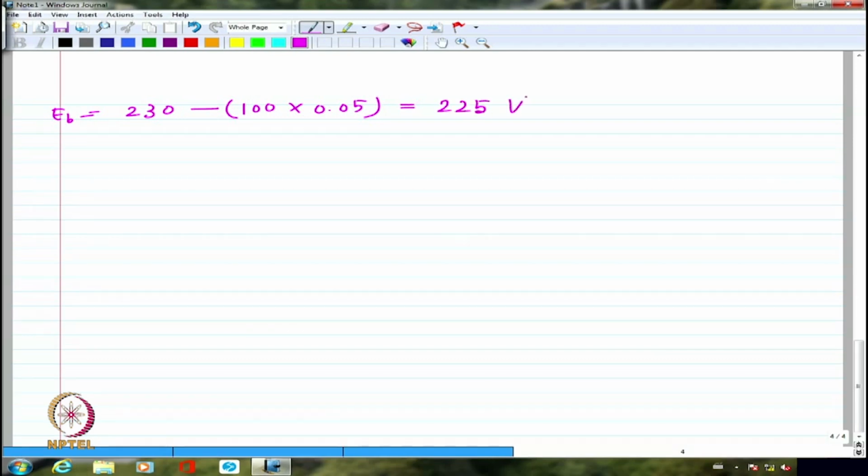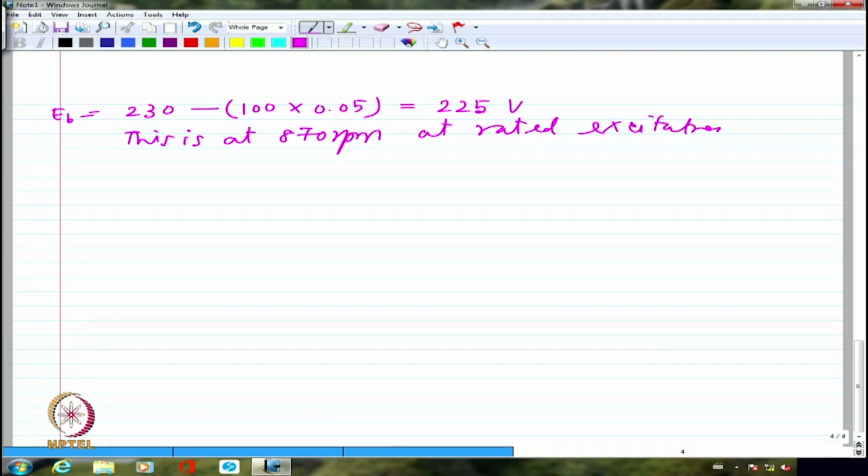225 volts. Okay. And it is at 870 RPM? Yes. So this is at 870 RPM and at rated excitation, hopefully, because we are not talking anything about variation in excitation. Which means I can calculate what is K phi.